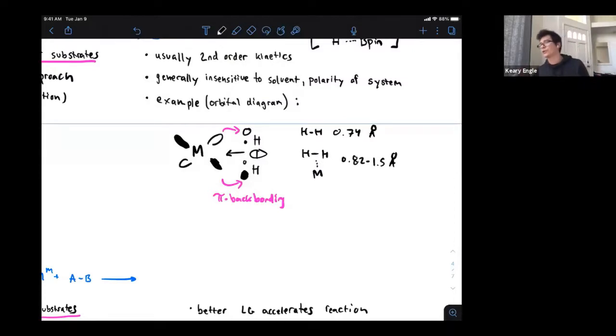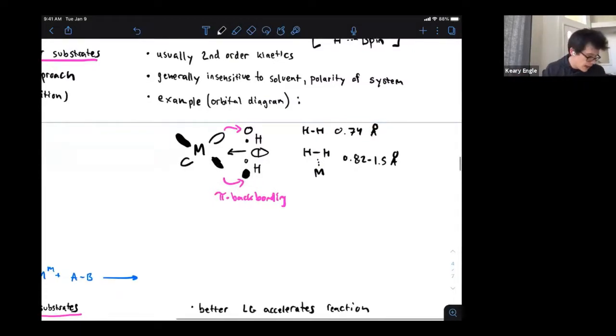When taken to the extreme, this leads to sigma bond cleavage. This is really the underlying mechanism of how H2 can be cleaved, and in many cases this can be a reversible process.